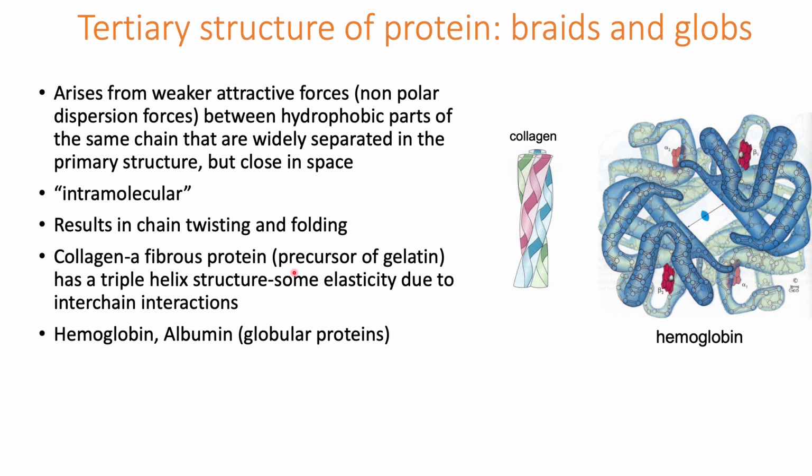For example, collagen is a fibrous protein and it's a precursor of gelatin. It has a triple helix structure and it has some elasticity because of the interchain interactions. Collagen is made of 3 peptide chains, and there are bonds between these 3 peptide chains, and that contributes to the elasticity.